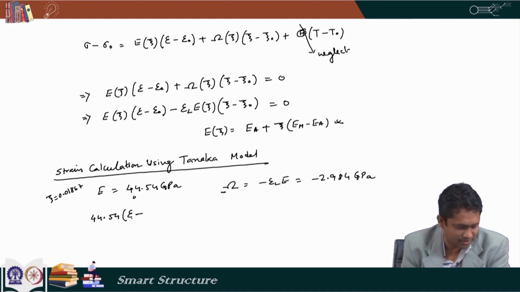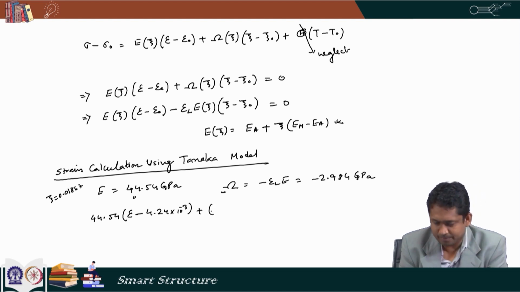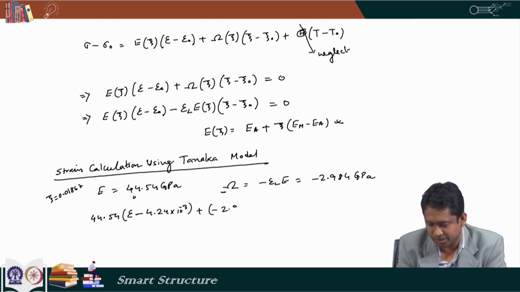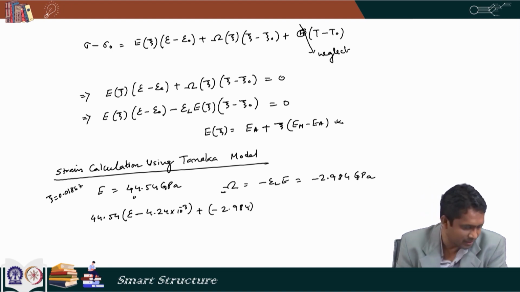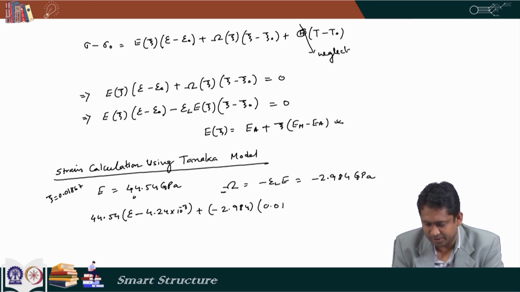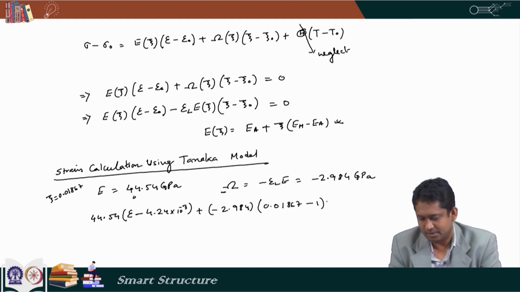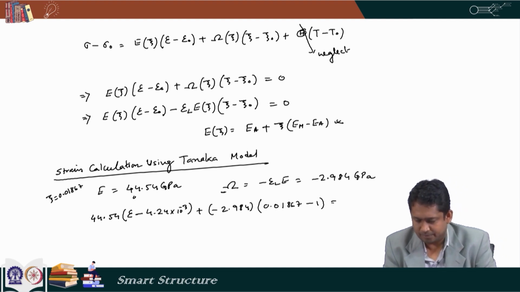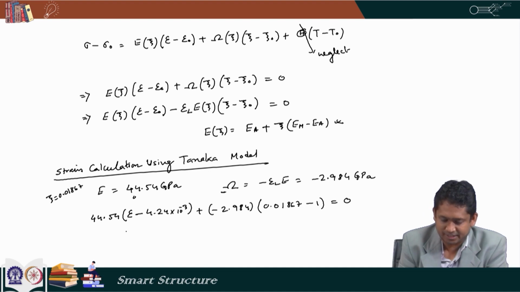The initial strain was 4.24 multiplied by 10 to the power minus 3, and then plus we have omega which is minus 2.984, and then we are multiplying that with xi minus xi 0. The xi at present is 0.01867 and xi 0 is minus 1, because initially the material was martensite, now it is becoming austenite gradually.